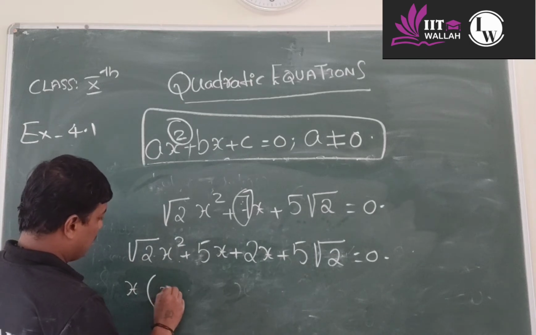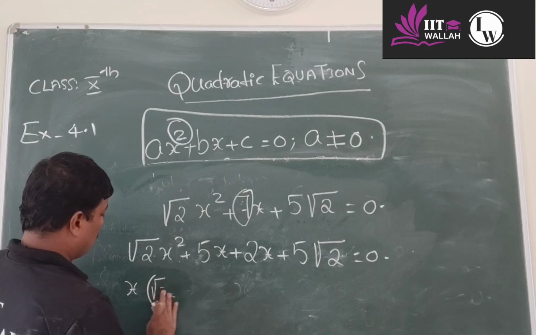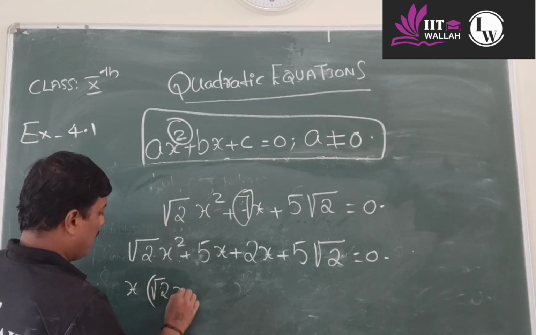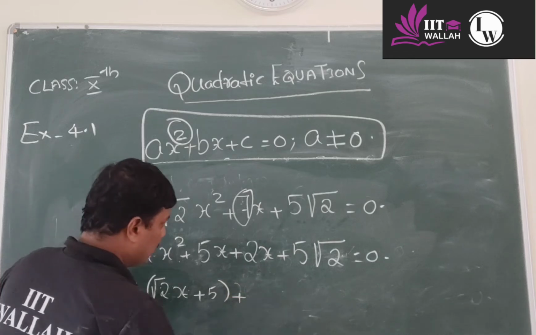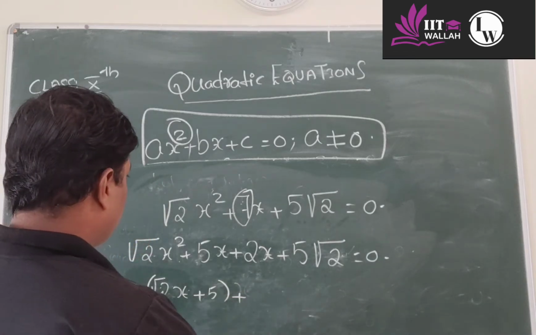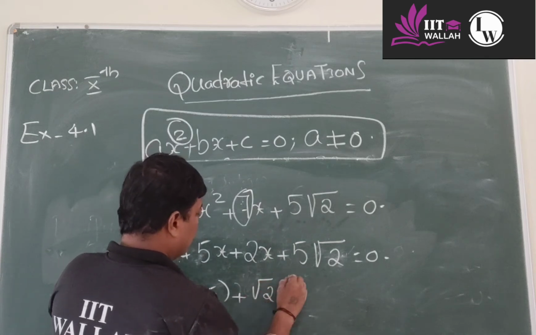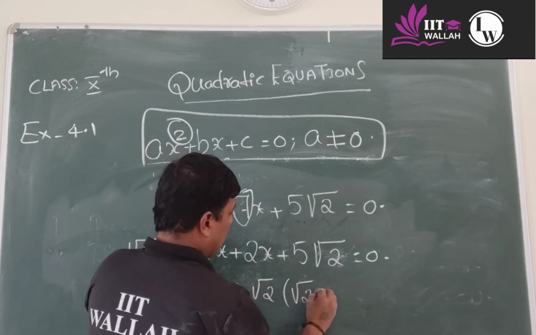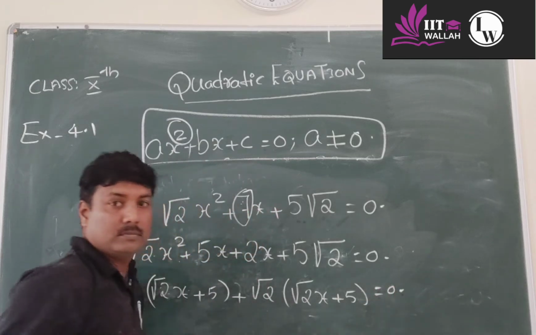So it is x, root 2 x plus 5, plus root 2, root 2 x plus 5, is equal to 0.